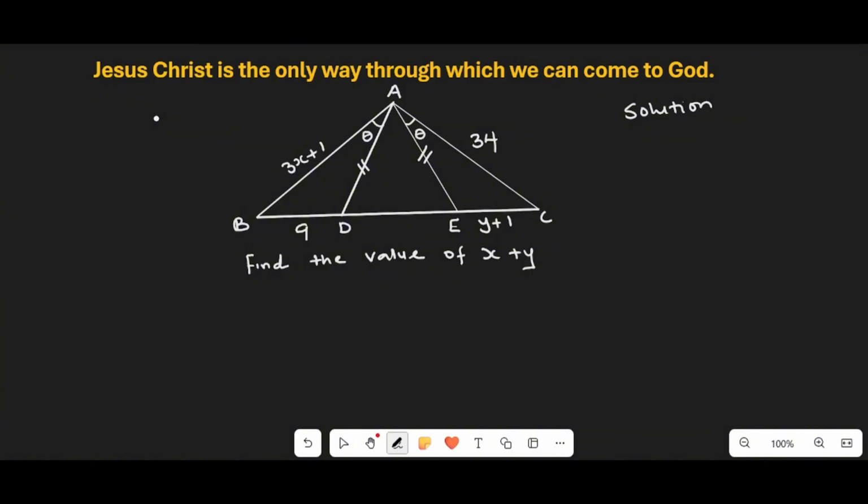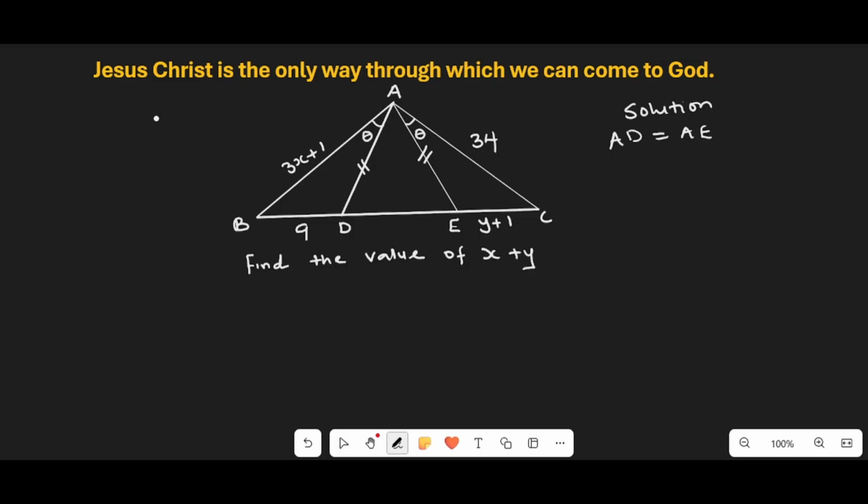In the question, it is given to us that line AD is equal to line AE. So we can say that triangle ADE is an isosceles triangle, and base angles of an isosceles triangle are equal to each other.